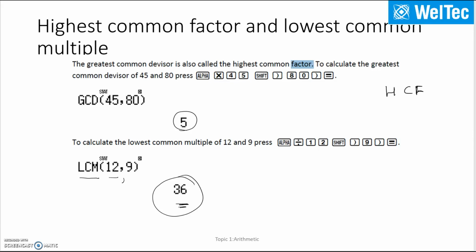So it's the smallest number that's a multiple of both. Or both in this case. Sometimes you might have 3.